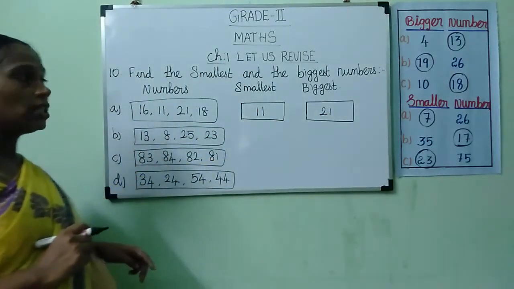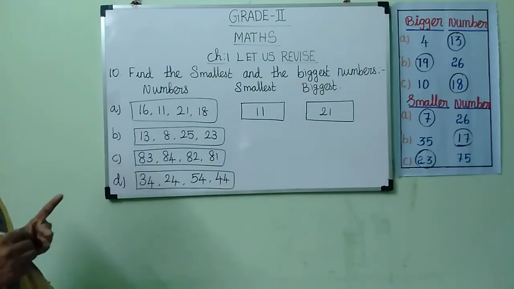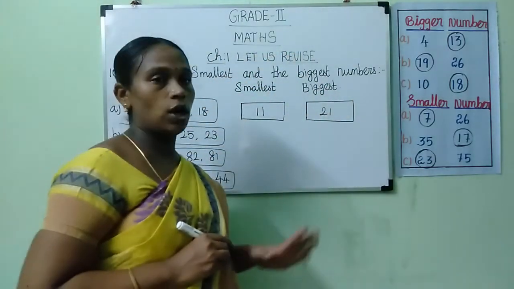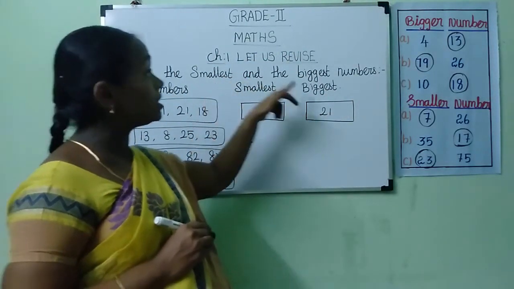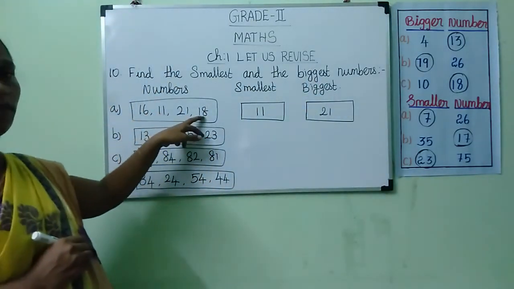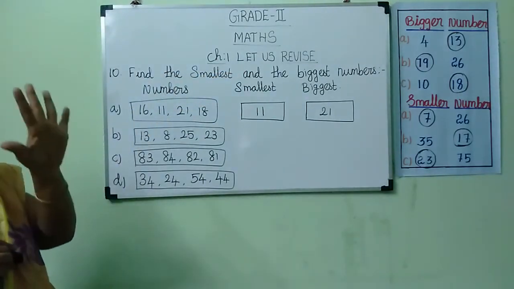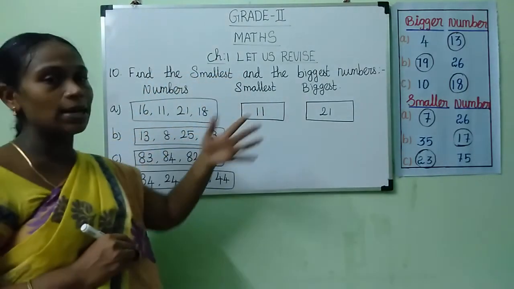Are you clear, children? How to find out the smallest and biggest? Here bigger and smaller were given, but here smallest and biggest are given. Why? There, only 2 numbers were given, but here 4 numbers are given. That's why there it is bigger, smaller, and here smallest and biggest.